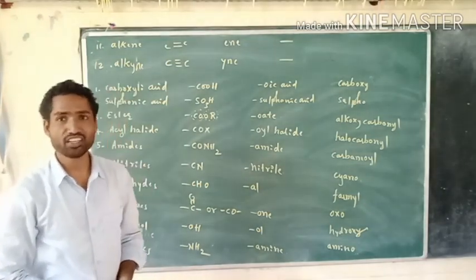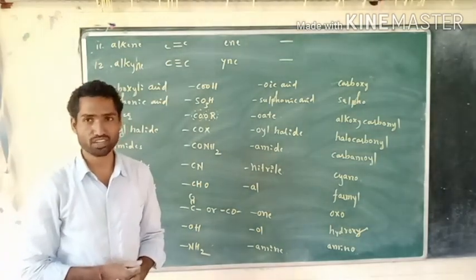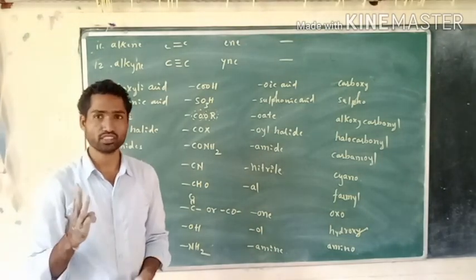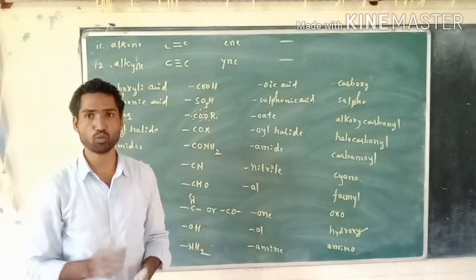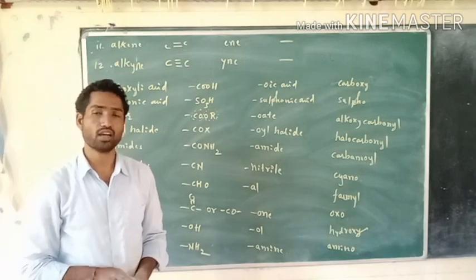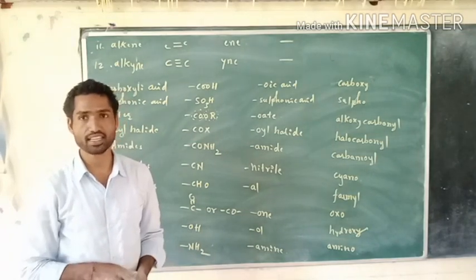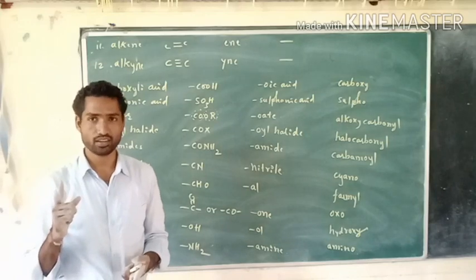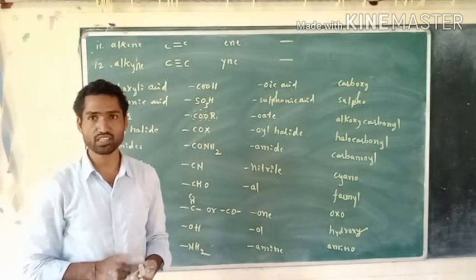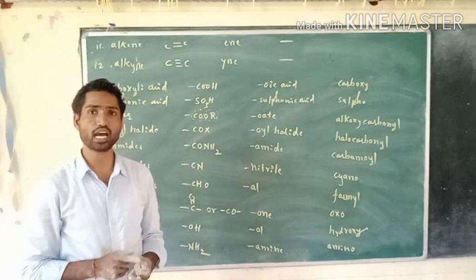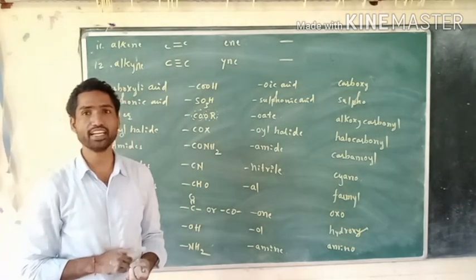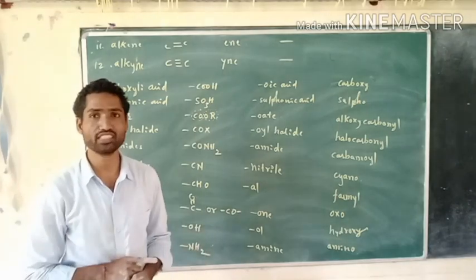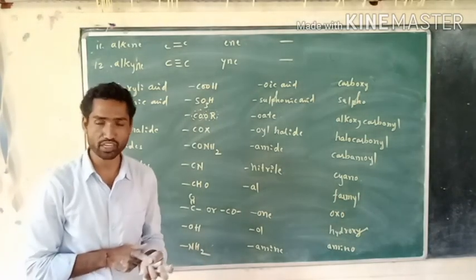Up to this point, what we have discussed is that first we have to follow three rules in naming the molecules. First one is to identify the longest carbon chain. Second one is to number the longest carbon chain in such a way that the least number is given to the carbon bearing the functional group or a substituent. Third rule is we have to write the name of the molecule according to that structure. Prefix we have to write first.